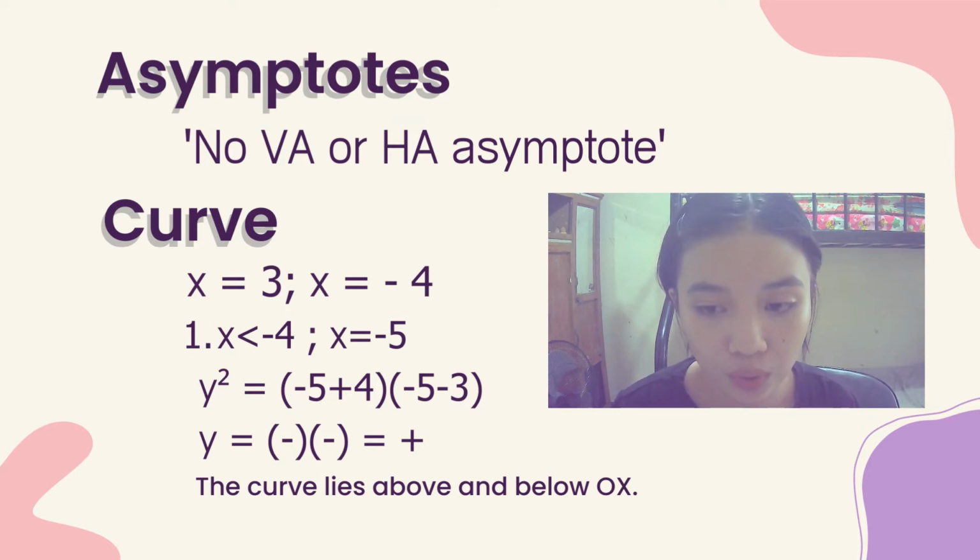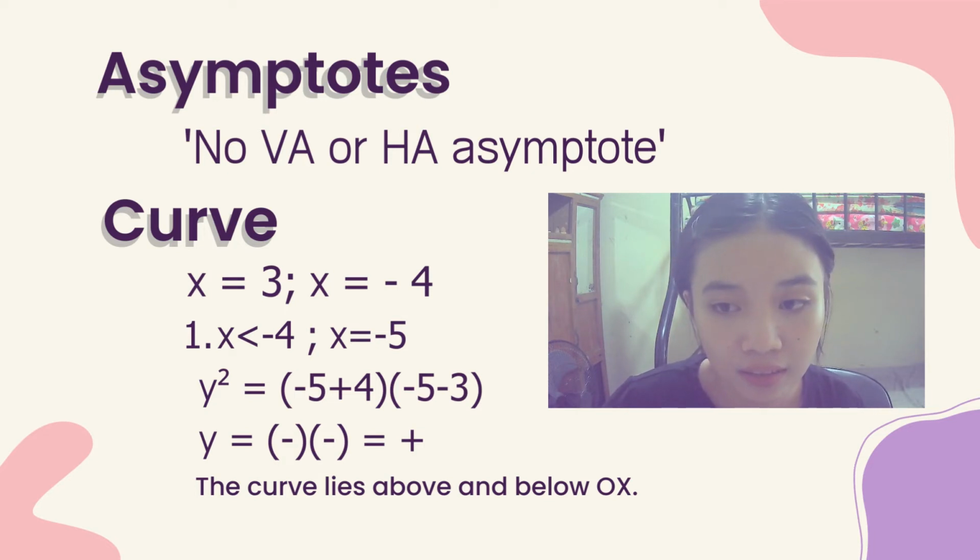This factored form gives us both negative sums. And pag pinag-multiply natin siya, makakakuha tayo ng positive product, which implies that the curve lies above and below our x-axis. Now, number 2, negative 4 is less than x, but x is less than positive 3. We can say that 1 follows this condition.